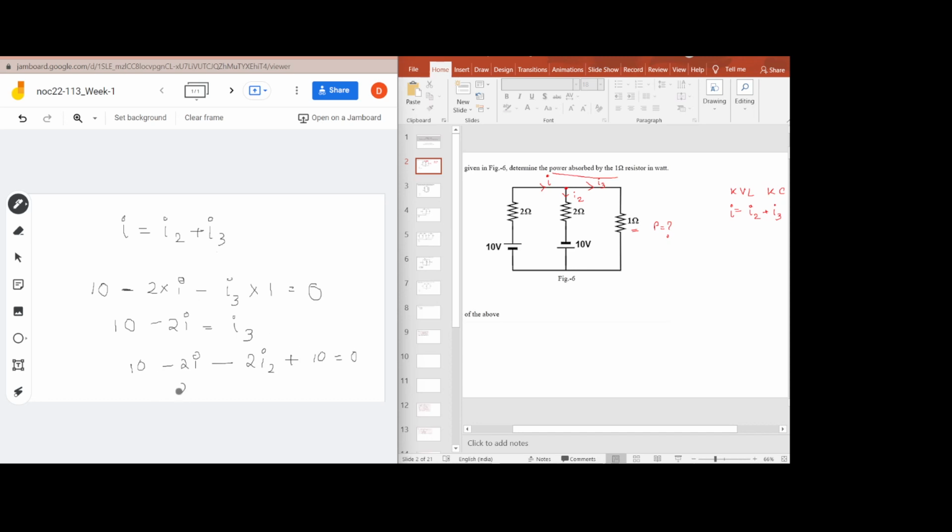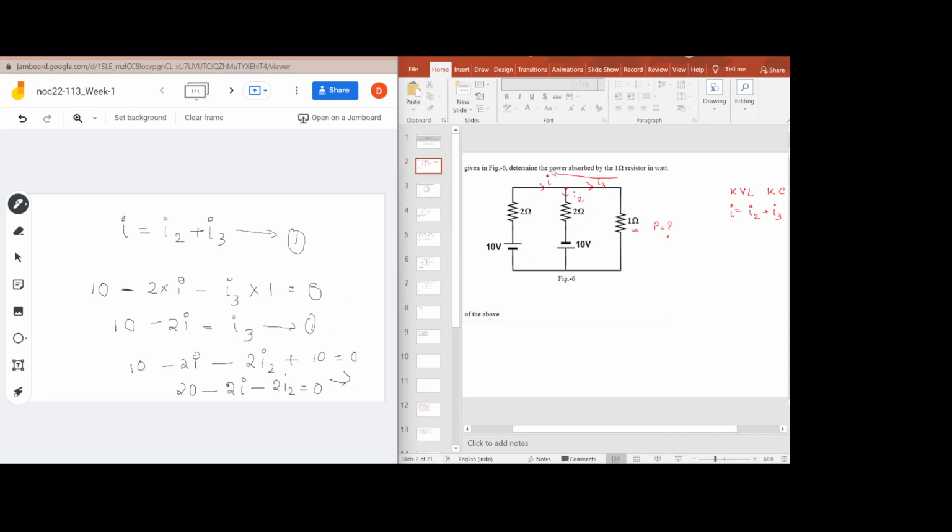So this will be equal to 20 minus 2I minus 2I2 equal to 0. Now if you solve this equation and this equation, we can get the value of I, I2 and I3.